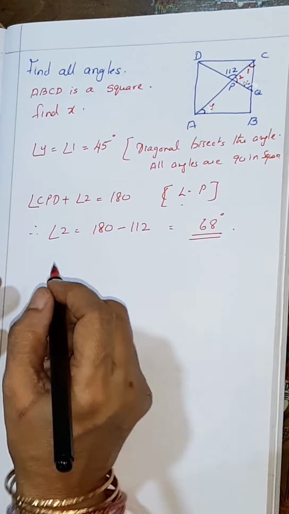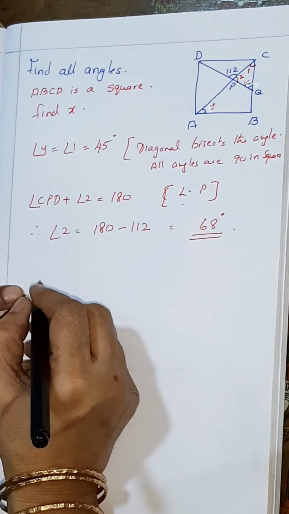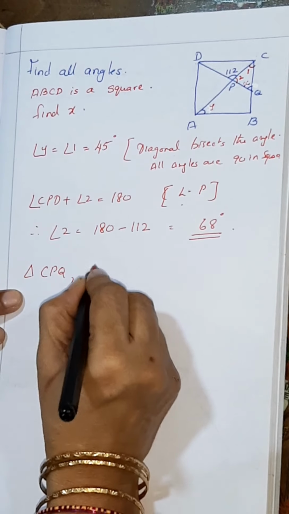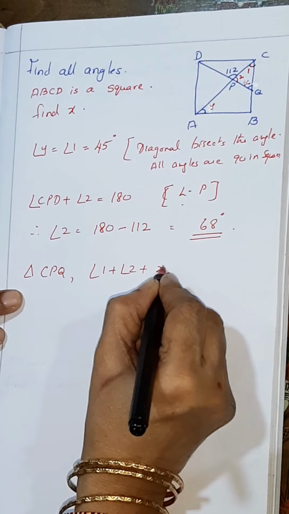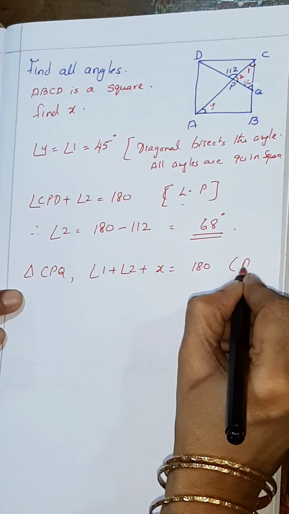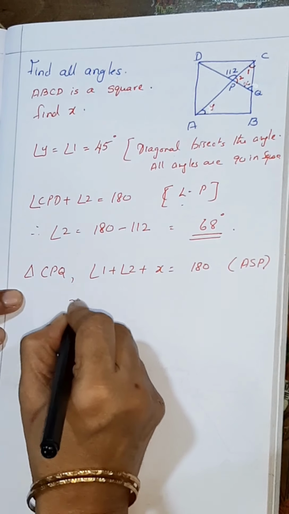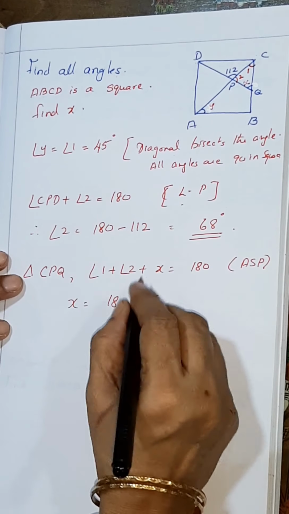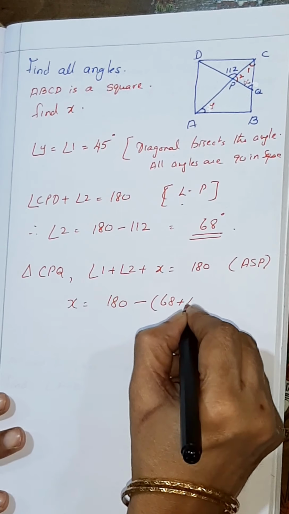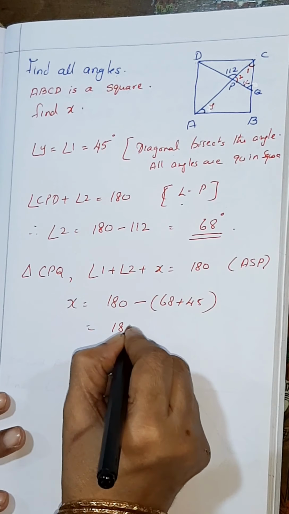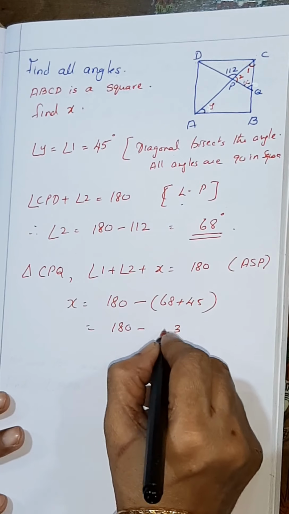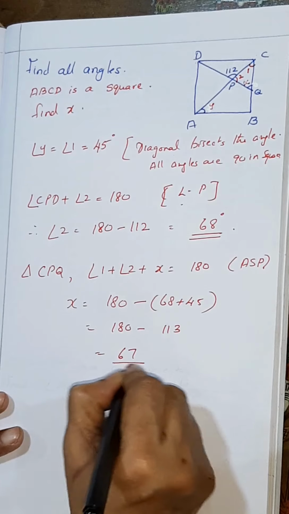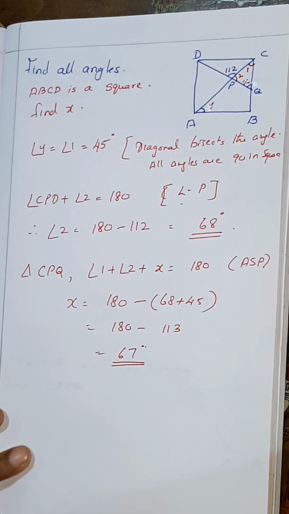Now it's easy to find angle X, the value of X. So in triangle CPQ, angle 1 plus angle 2 plus X is equal to 180, angle sum property. Therefore X is equal to 180 minus (68 plus 45). So it is 67 degrees.